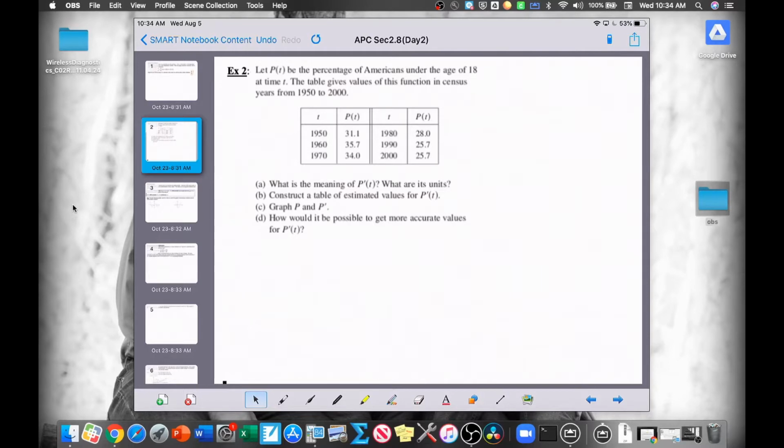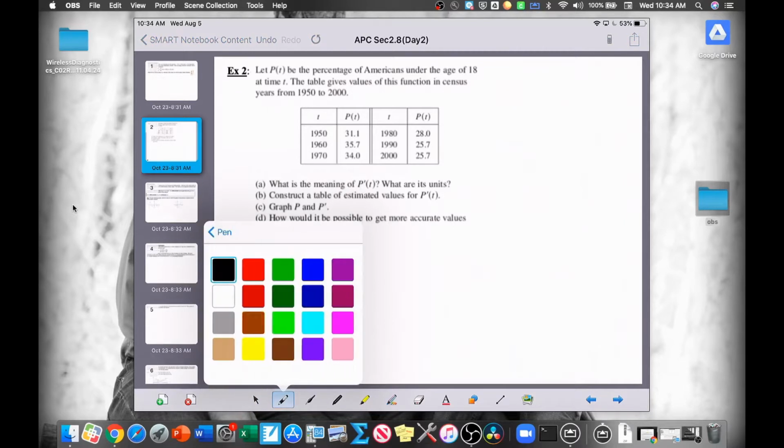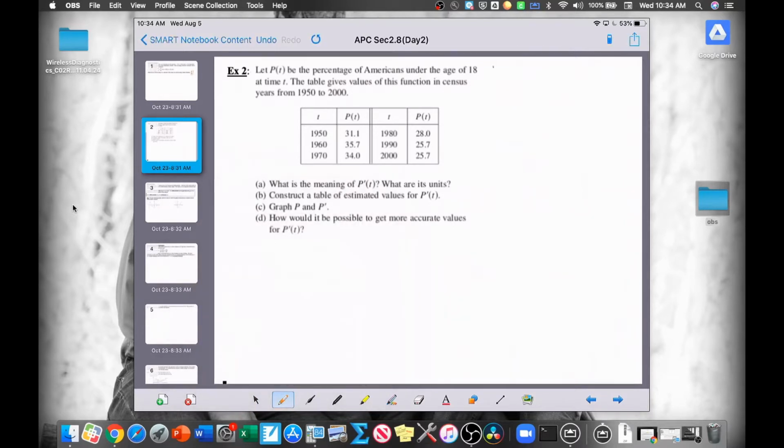All right, so part A asks us, what is the meaning of P prime of t? Well, remember that derivatives are rates of change.